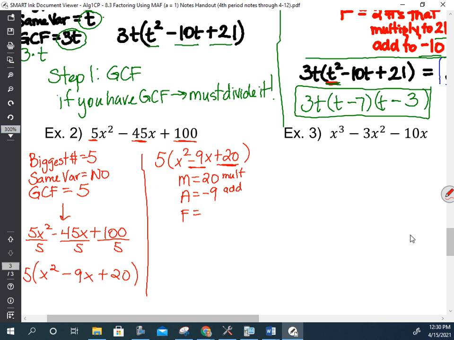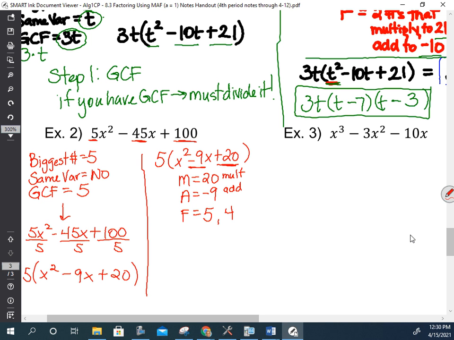So you need two numbers that multiply to 20. Get the 20 first. We can always make the numbers work. So 5 times 4 gives us 20, but that will add up to a positive number.